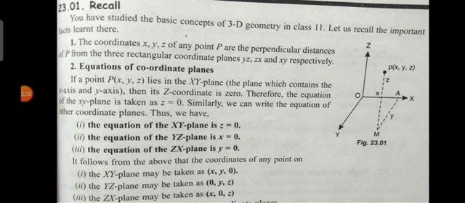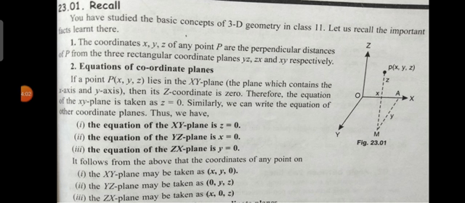And you know the equations of coordinate planes. In the xy coordinate plane, x and y are there, so z is 0. So a point on the xy plane may be of the form (x, y, 0).